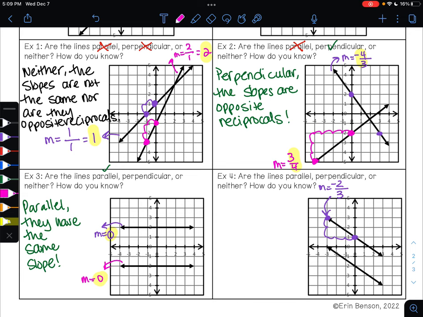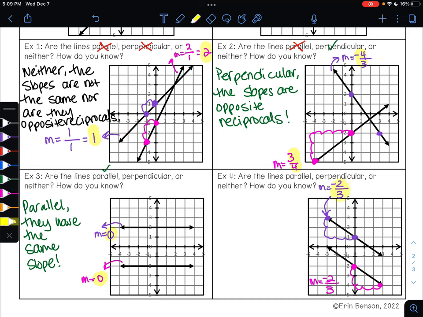Let me try the slope of the other line. So here's a good point, and here's a good point. So I'm going to use rise over run. And I'm going to go down 1, 2, so that's -2. And I'm going to go to the right 1, 2, 3. So that's -3.